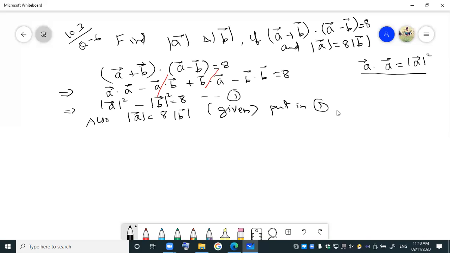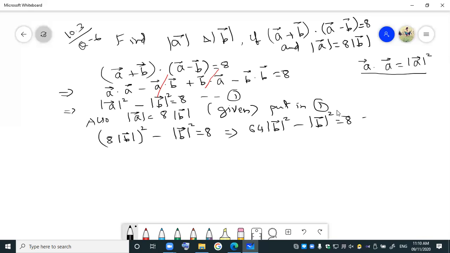Magnitude of A can be written as (8 times the magnitude of B) whole square minus magnitude of B square is equal to 8. So 64 magnitude of B square minus magnitude of B square is equal to 8.